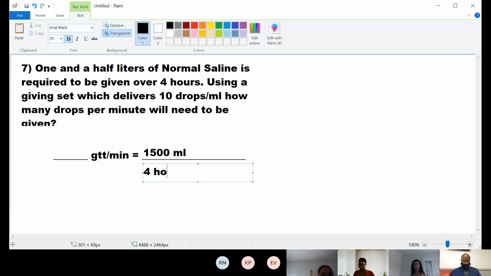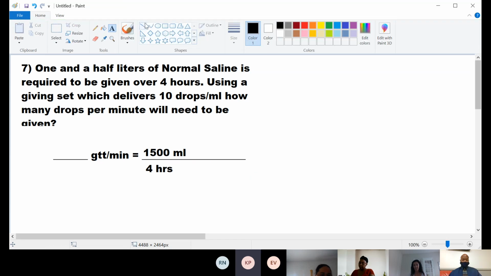Let's see, 4 hours. There we go. Oh, I see what I messed up. I wouldn't adjust anything just yet. You better let me finagle my way through before you adjust yours, because if I mess this up, we'll be backtracking. Let's see. So that looks good. So 1,500 milliliters over 4 hours.